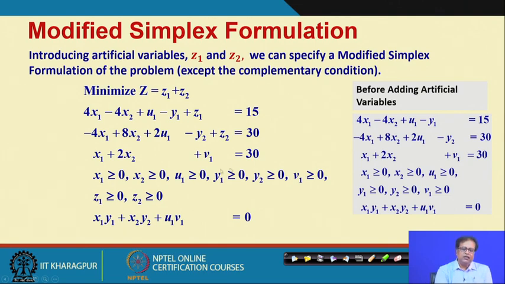So, this is nothing but a linear programming problem and can be solved as a usual minimization problem. The moment you can throw out the artificial variables from the basis, the solution can be obtained, right.